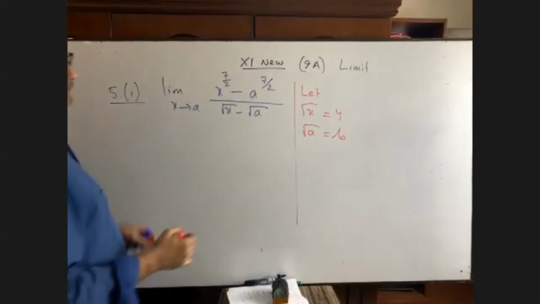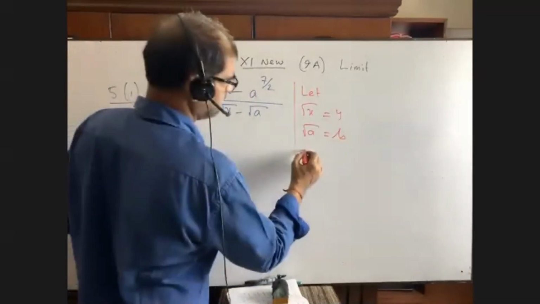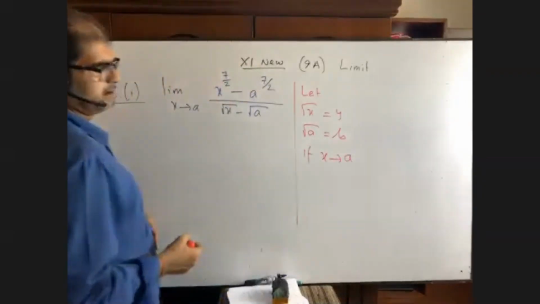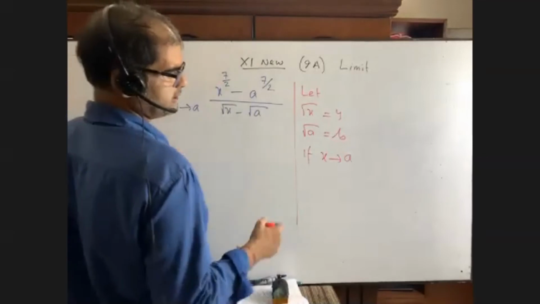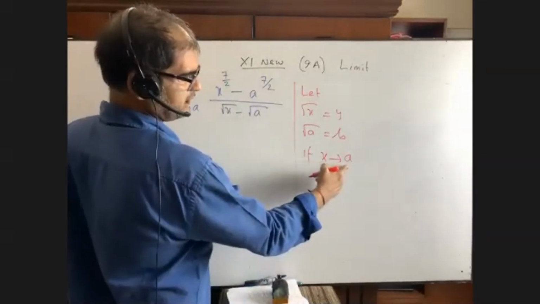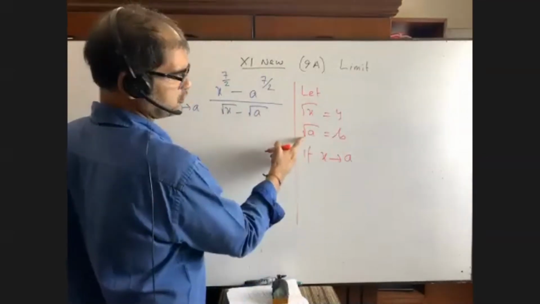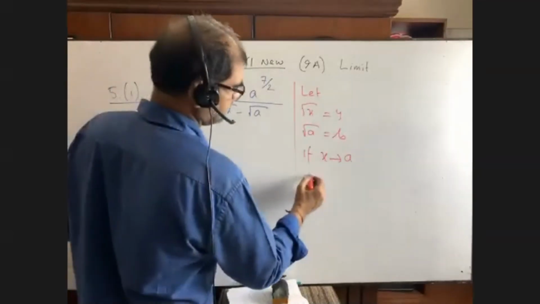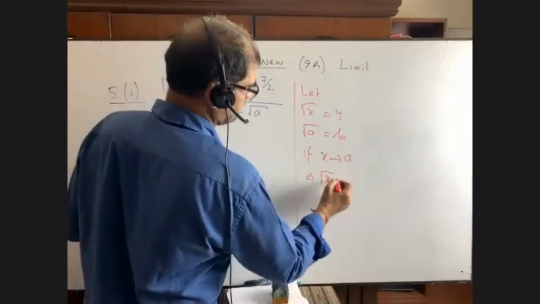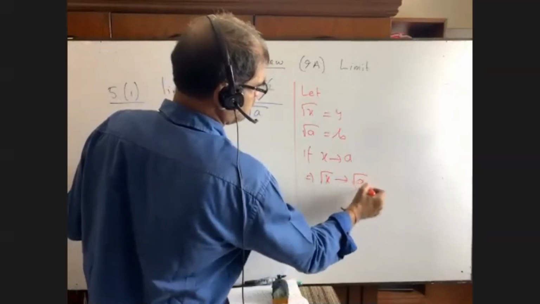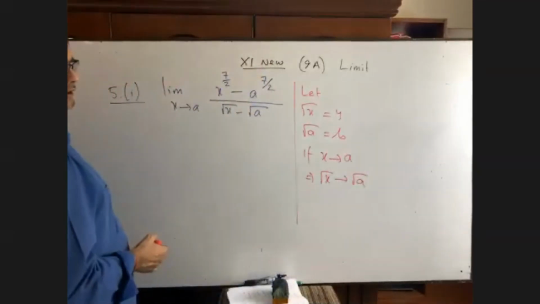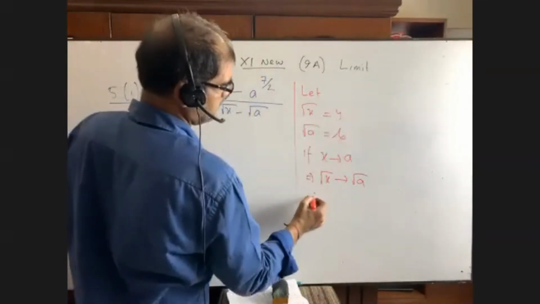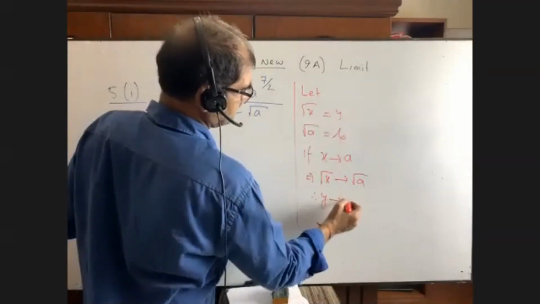Then if x tends to a, that means root x tends to root a, right? Is it? Please talk to me. Root x tends to root a. That means what is the value of root x? y. So we can write y tends to b.